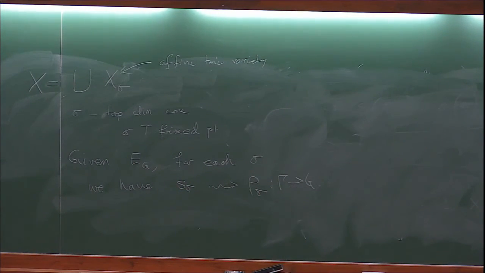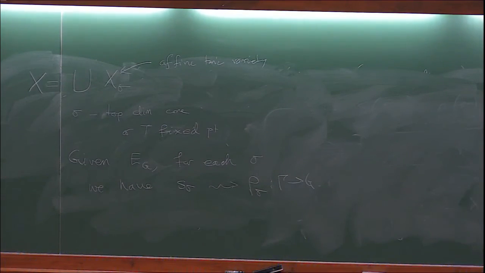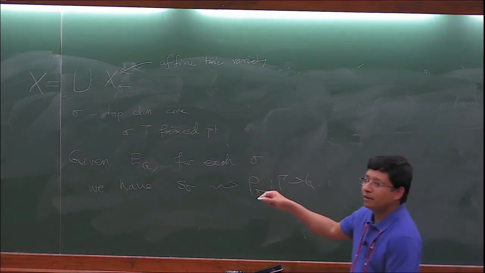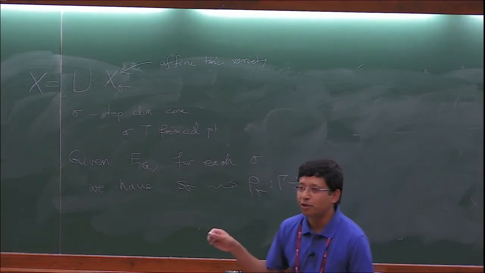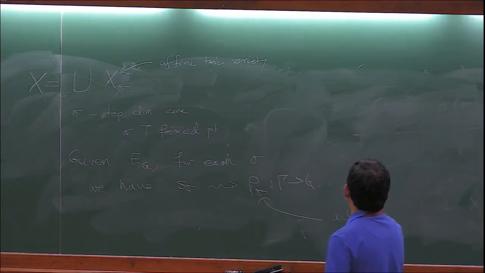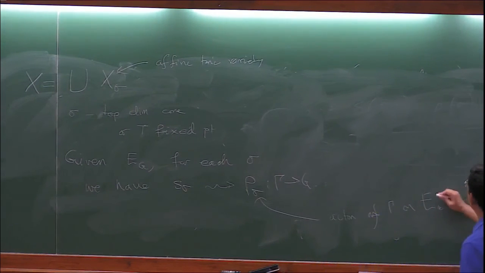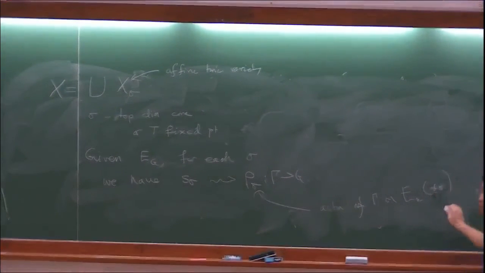Now, it's very hard to classify how many such sections you have. How many such trivializations are there? We don't know the answer to that. But what we know is that the rho sigmas are easily classified, because rho sigma corresponds to the action of gamma on the fiber EG over the fixed point, say, EG at little x sigma.